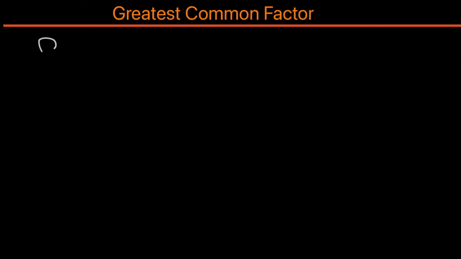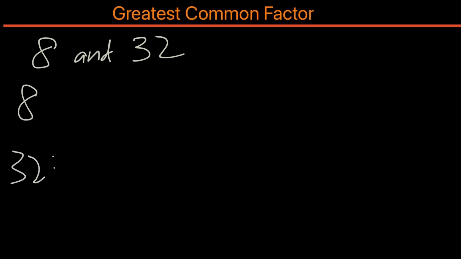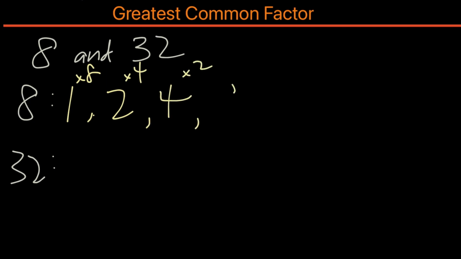Here is the next one. Feel free to pause the video if you would like to figure this out before the answer is revealed. So now we have 8 and 32, for which we need the factor lists. For 8, we have 1, 2, 4, and then 8.